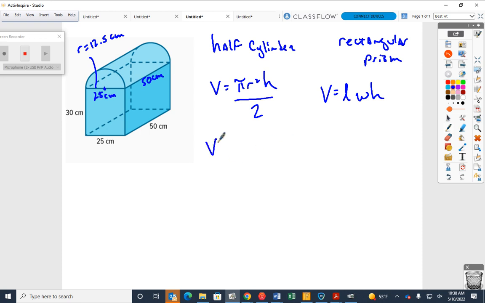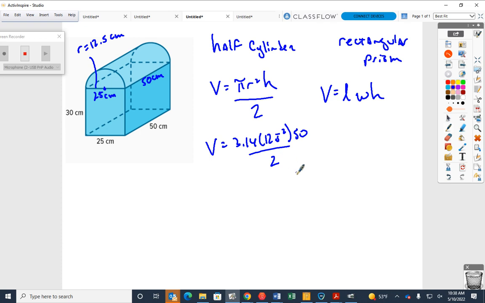Okay, so volume equals 3.14 times 12.5 squared times 50 divided by 2. All right, so 3.14 times 12.5 squared is 156.25 times 3.14 times 50.